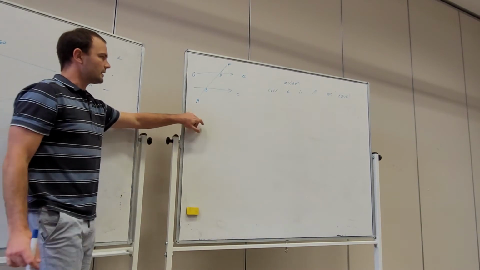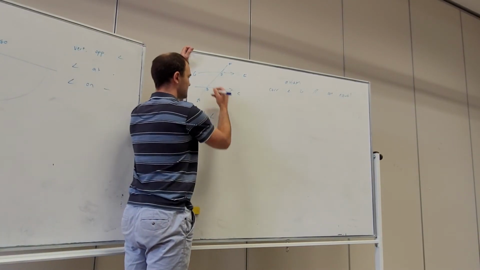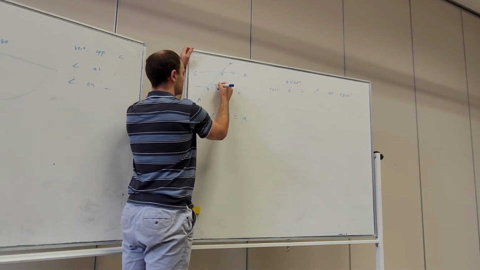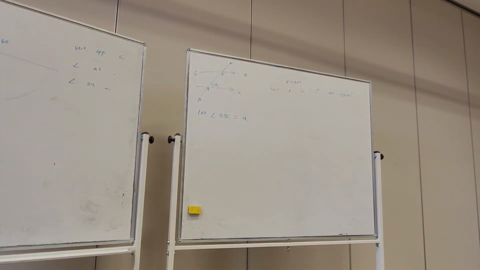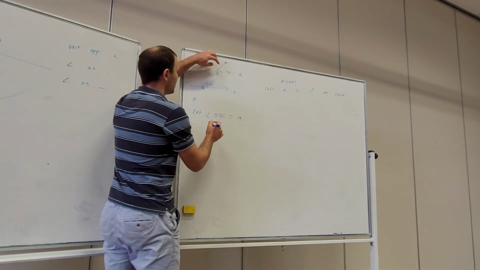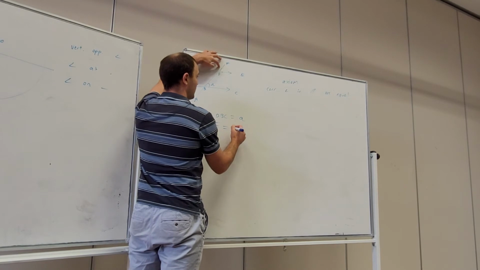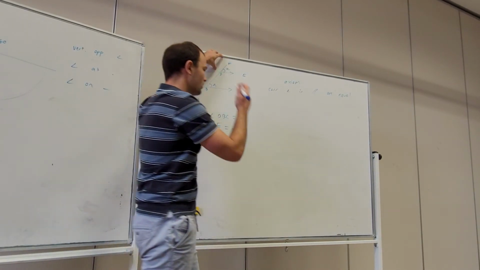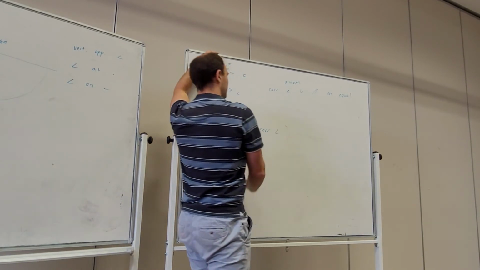Now we can see, let DBC equal alpha. Okay? Now if this is true, let's apply our axiom. If this is alpha, then angle FDE is going to equal alpha as well, because of corresponding angles.